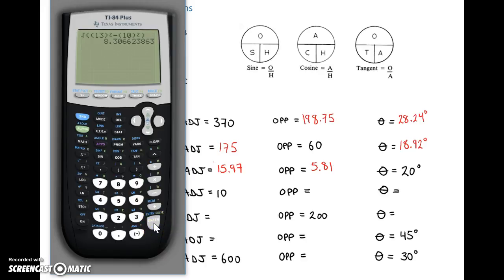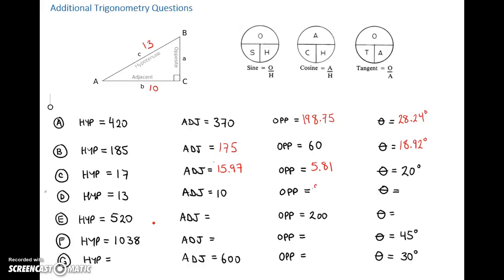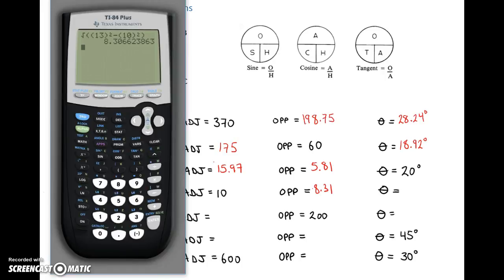Okay, so we got 8.306, so we'll take that as 8.31 for the opposite. And then we'll use these two values, the hypotenuse and the adjacent, or given values, in order to find the angle. So adjacent and hypotenuse, that would be cos. Okay, so we're going to take the second function.